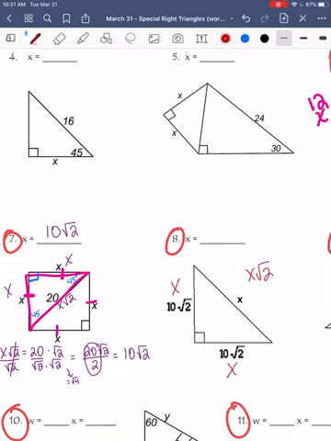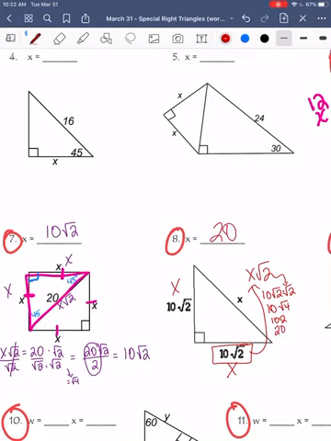So I'm asking you to take the x and plug it in here. So that means we're going to have 10 root 2, but then we have to bring this root 2 down. And so 10 root 2 times root 2 is root 4, and we know that root 4 is 2. And then 10 times 2 is 20.